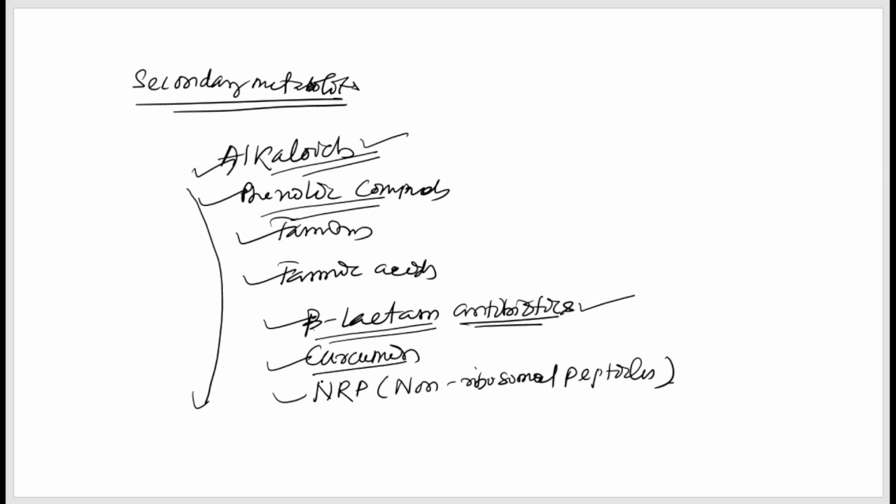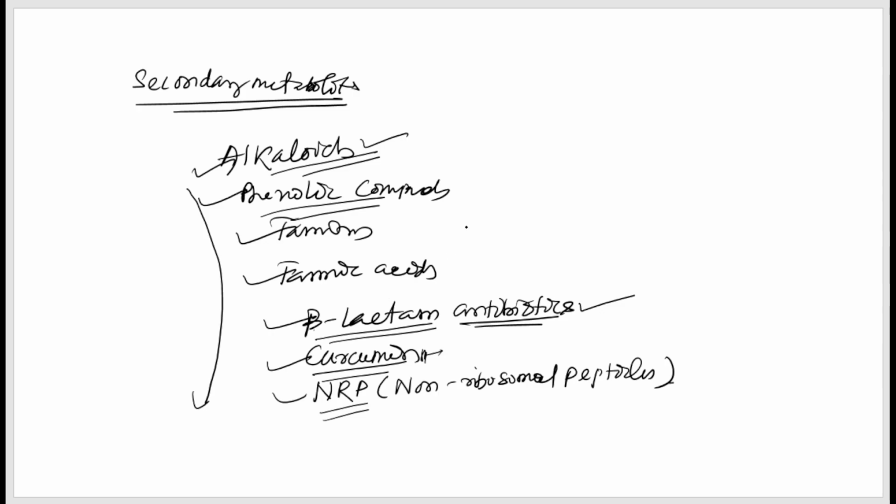And curcumin is present in the turmeric plant. And second thing, NRP, for which we have a pathway producing NRPs. Okay, so these are the different secondary metabolic pathways.